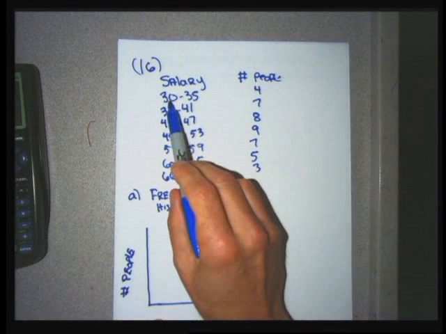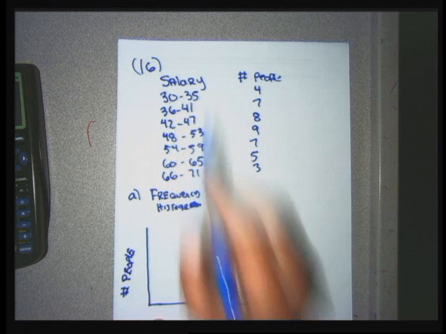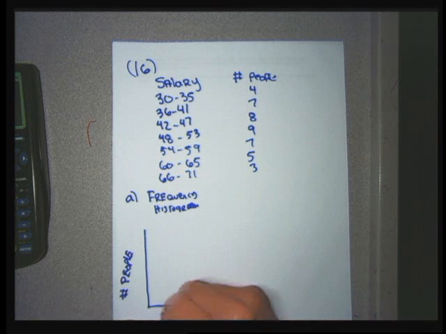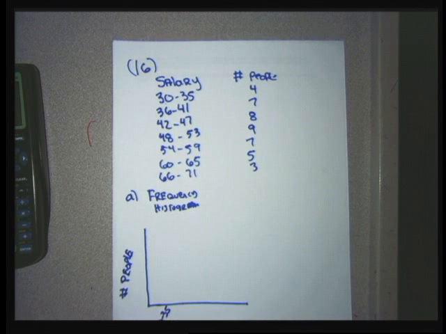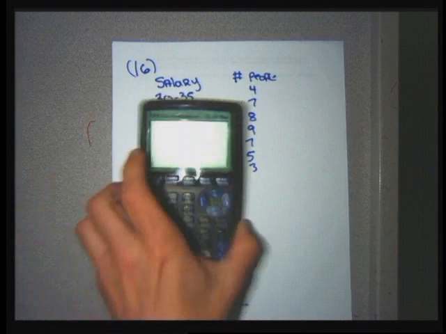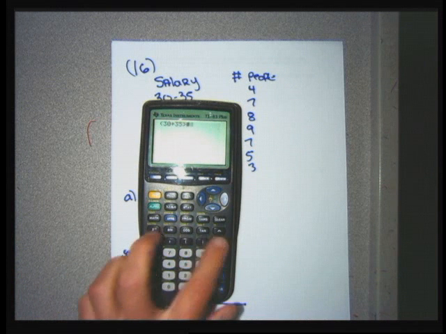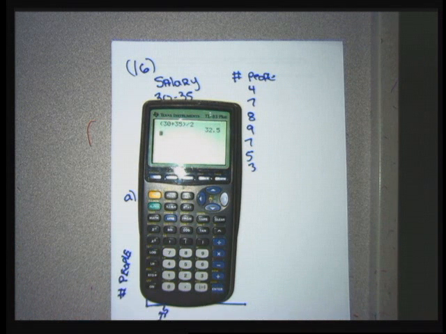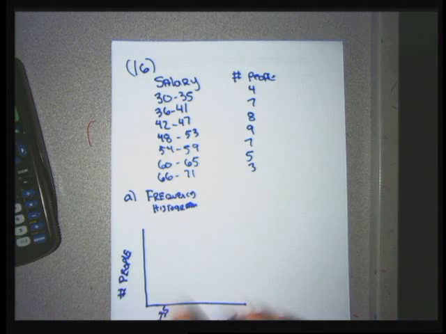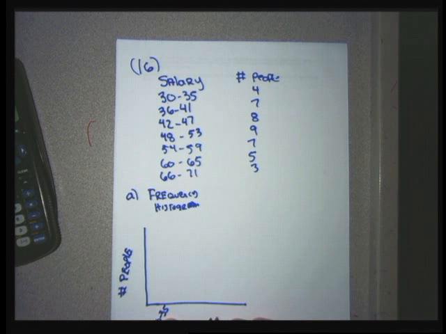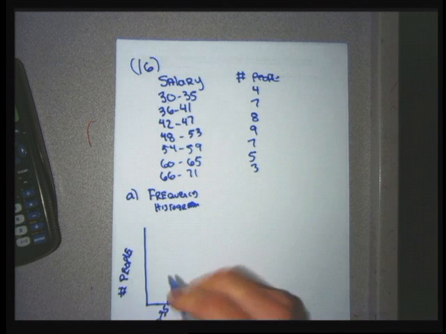So for the 30 through 35 category, instead of writing 30 through 35, the author would put 32.5, which you get by finding the midpoint: 30 plus 35 divided by 2. I don't really think that's that great to do, so I'm not going to do that.